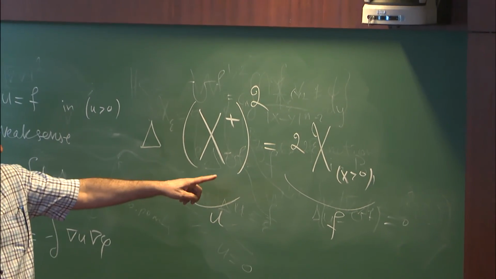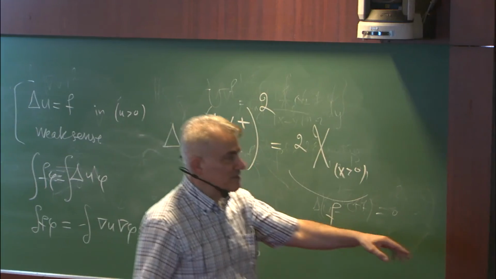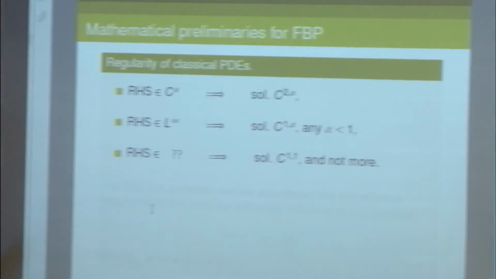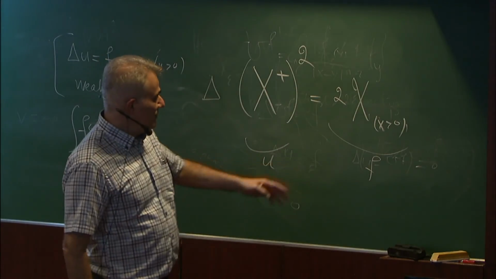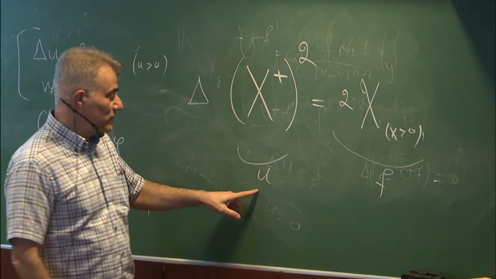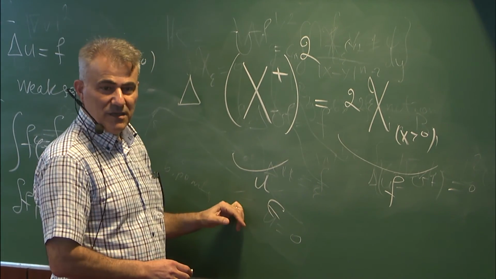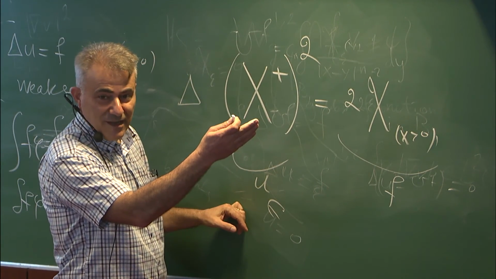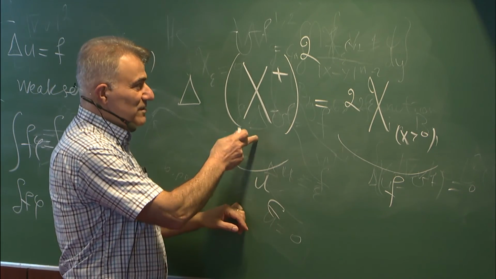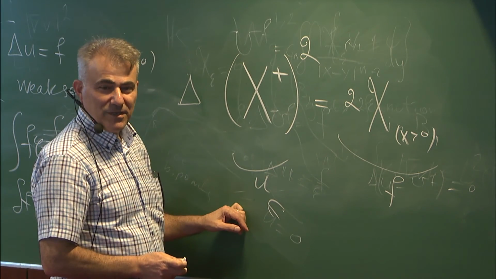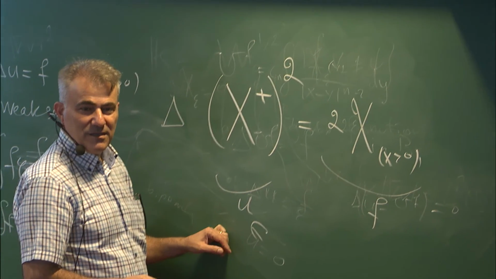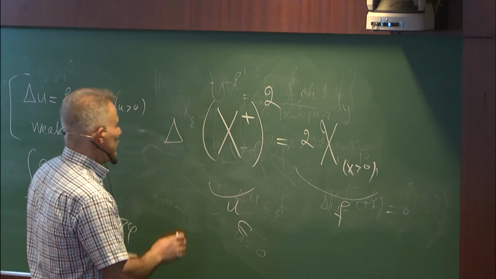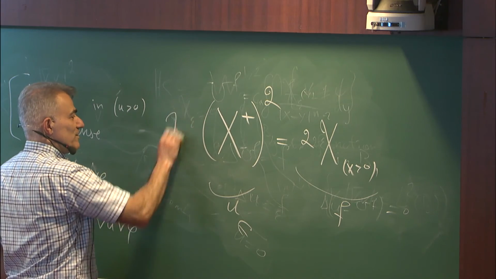Now f is bounded, L infinity. And u is what? We know it's C1 alpha from that answer, but if you look at the specific function here, what can you say? Well, it's one-dimensional, so it's really second derivatives.